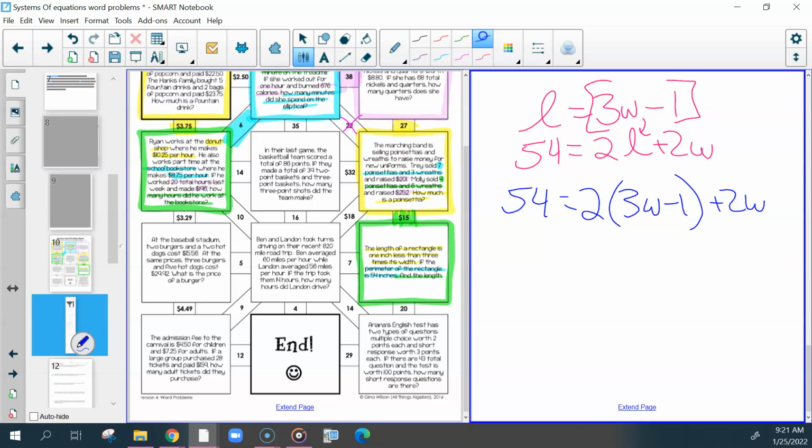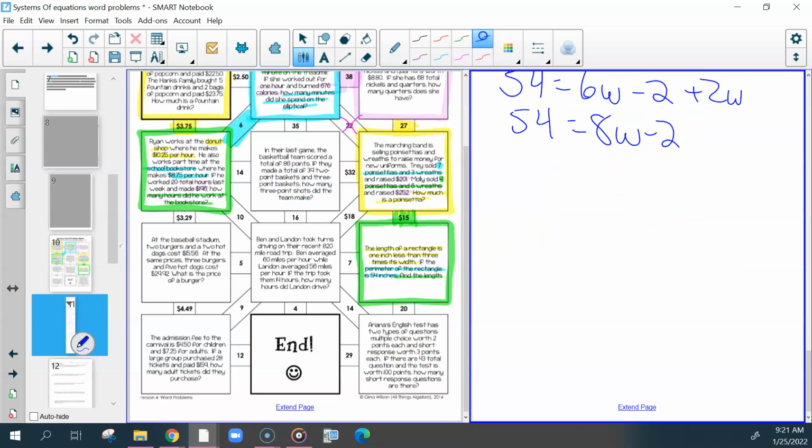Then we can distribute. So 6W minus 2 plus 2W. Combine your like terms to get 8W. Add 2 to both sides.